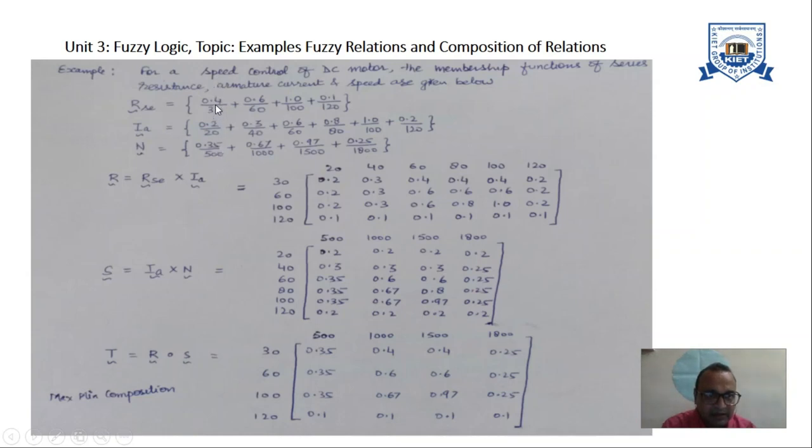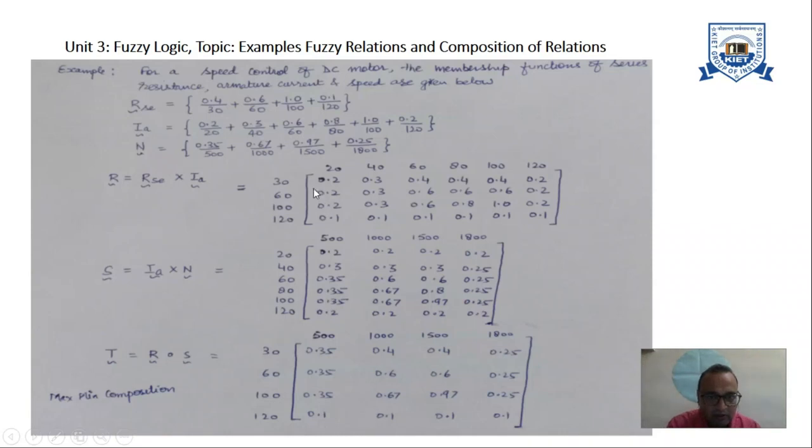That connection can be made with the help of 20 ampere, with the help of 40 ampere, 60 ampere, 80, then 100, then 120. Out of these different paths, we select the minimum of each path, and once all the path values have been found, we collect the maximum of them, and that's why we are getting the value here.